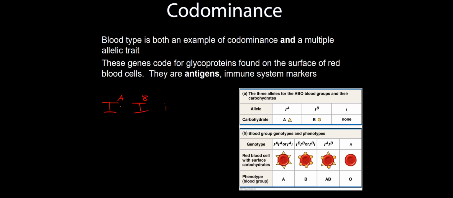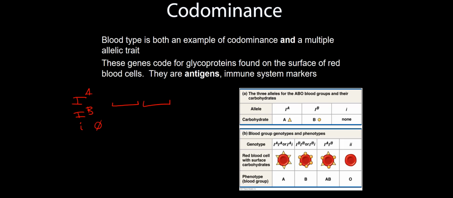So you can imagine now for your genotype, you have two slots, and those slots can be filled by either the A, the B, or the nothing, the O. Really, it's not O, by the way. It's really null, like it doesn't do anything.